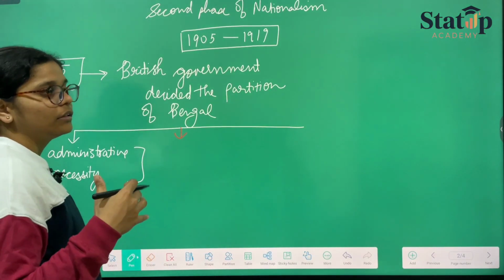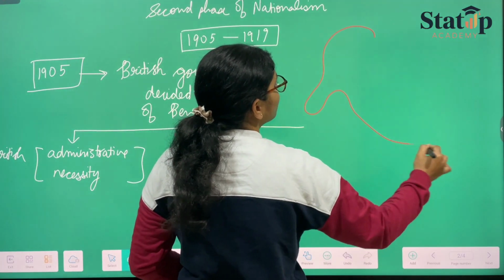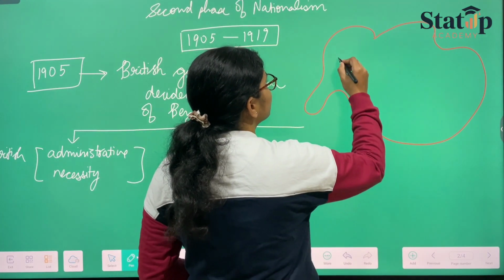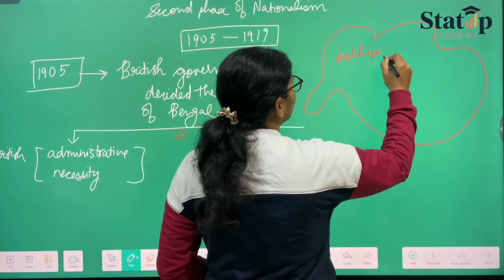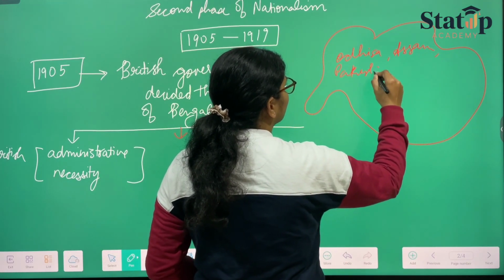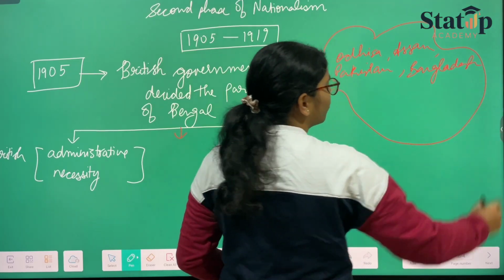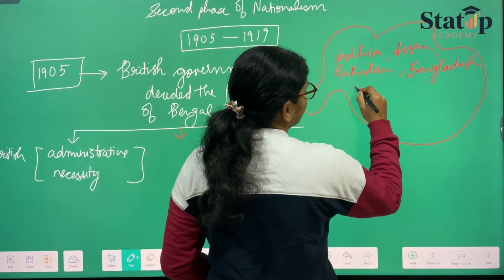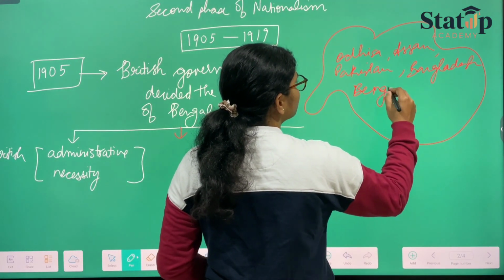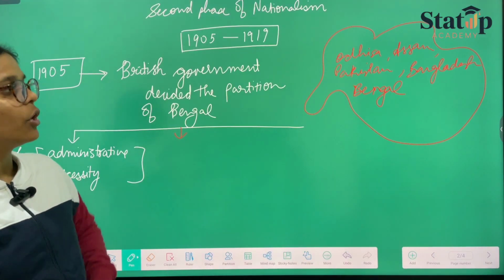First of all, Bengal used to be a big state. It used to include some part of Odisha, Assam, Pakistan, your Bangladesh, the whole of Bangladesh, and of course the West Bengal that we have right now was also Bengal.